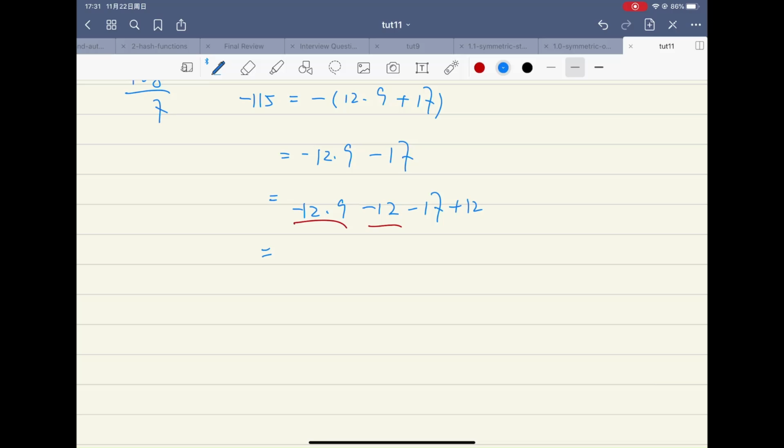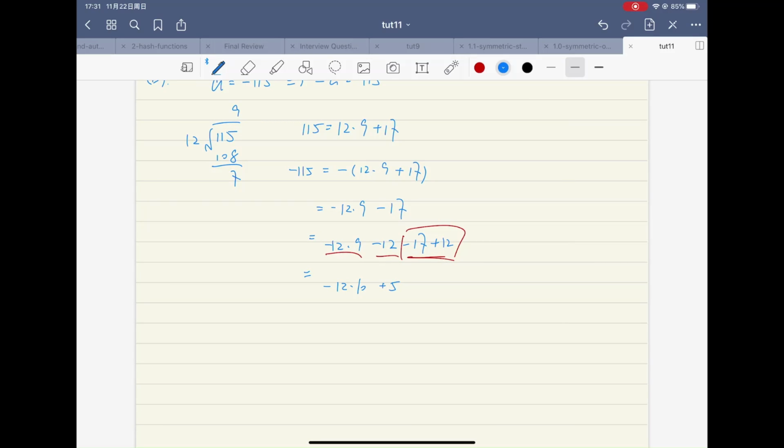So we have negative 12 times 10 plus 5, right? Here is negative 7 plus 12. Because we want to make our remainder a positive integer, because we have a requirement that the remainder must be greater than or equal to 0 and less than the divisor.